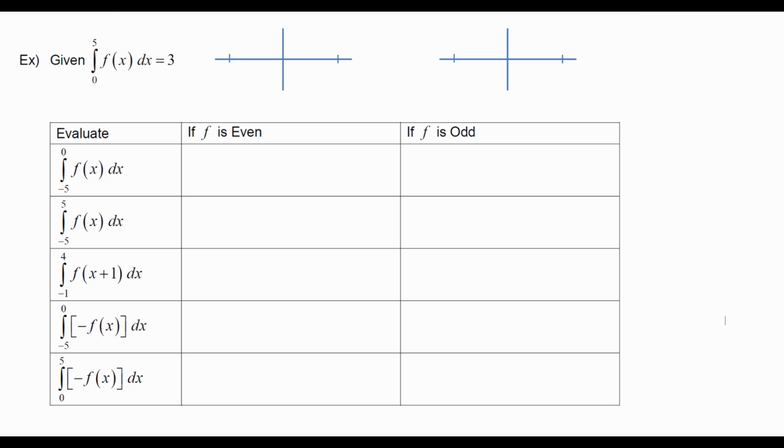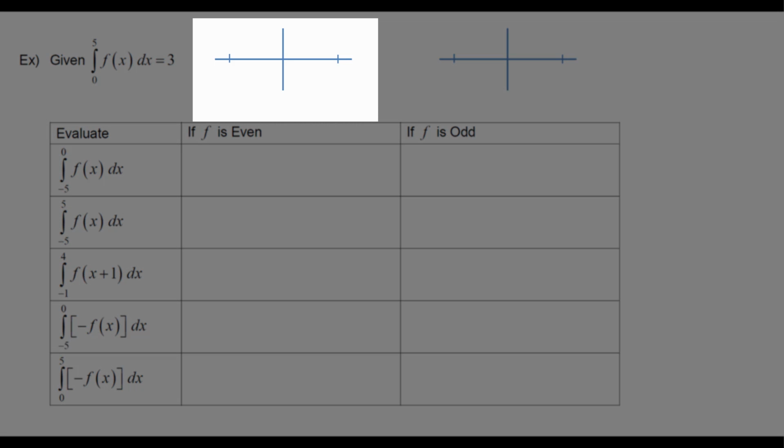Given the integral from 0 to 5 of f(x) dx equals 3, evaluate if f was an even function or an odd function. So if f is an even function, you get the area from 0 to 5 as a positive 3. This is 3.